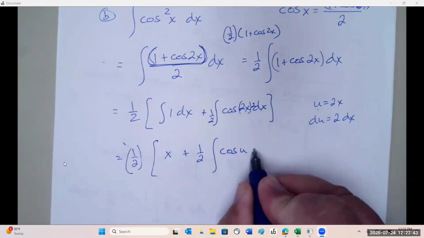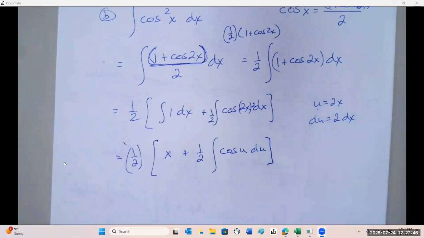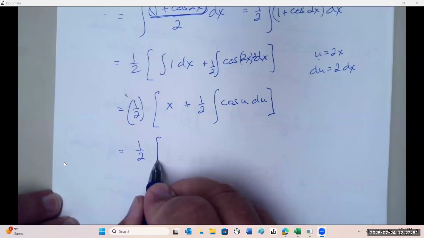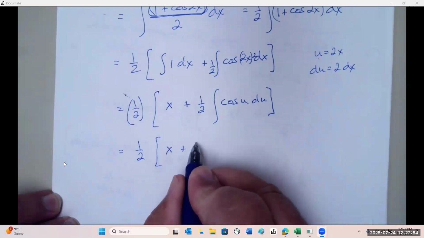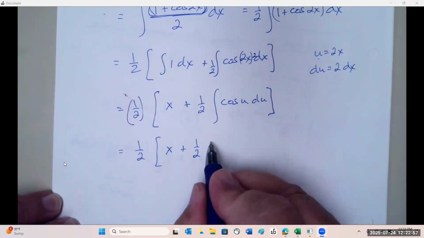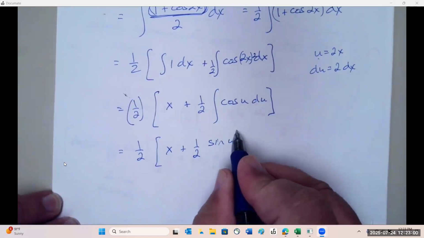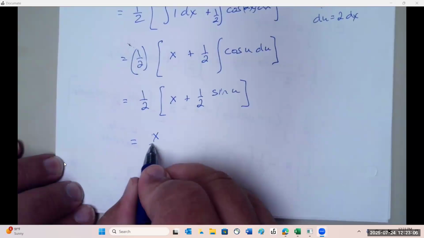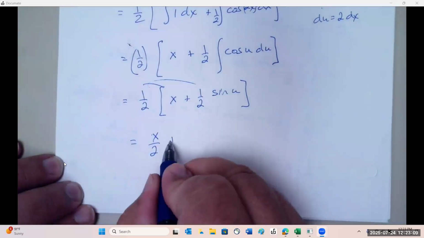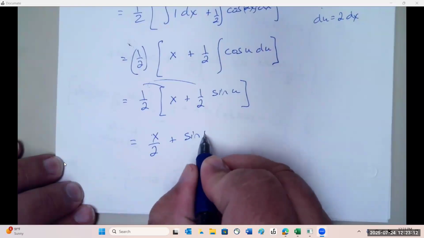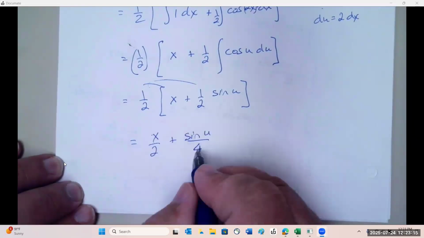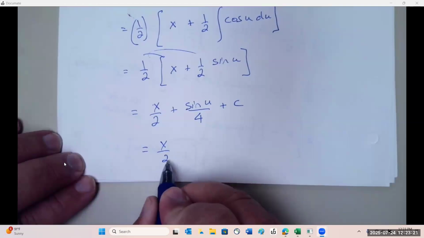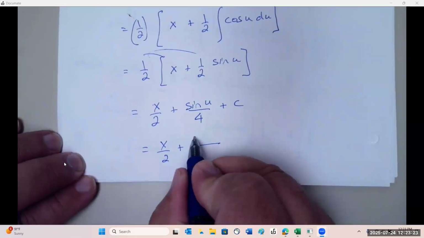So now it's cosine u du. So it's x plus 1/2. The integral of cosine is sine of u. Distribute there. One half times 1/2 is 1/4. And plug our 2x back in place of u.